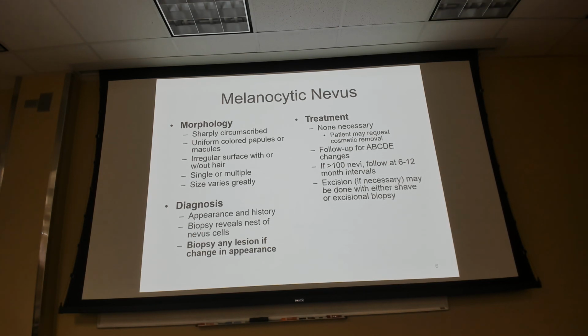It's not like that, okay? Single, or you can have them all over your body. Multiple. The size, again, it can start small, it can get larger as all of the skin gets larger, but it varies, okay?